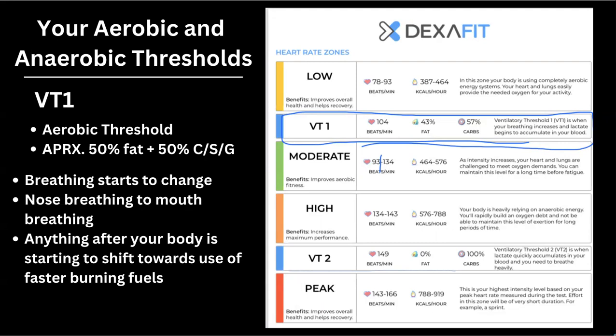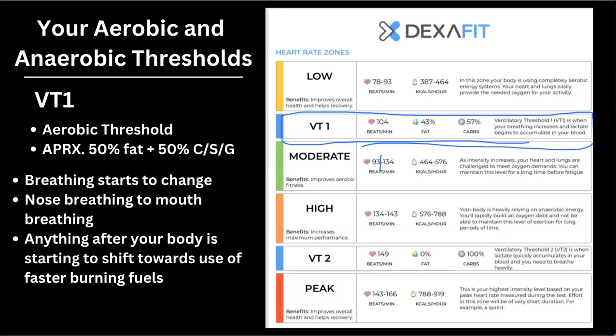So VT1 is your aerobic threshold. This is the point where you are close to a 50-50 split between using fats and carbohydrates as a fuel. What this feels like is that your breathing starts to increase.